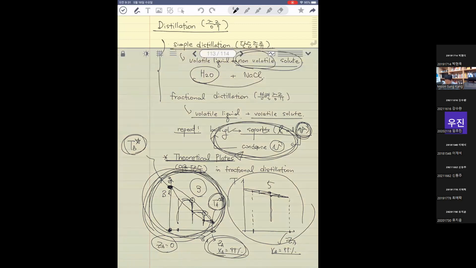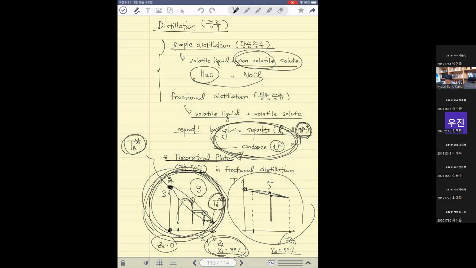If the difference in the boiling point between B and A is not so much, if they are very close, you need more cycles of fractional distillation to obtain pure A or pure B, right? I think that makes good sense. Let's say one of the substances has a boiling point of 102 degrees Celsius, and that's mixed with water, which has a boiling point of 100.